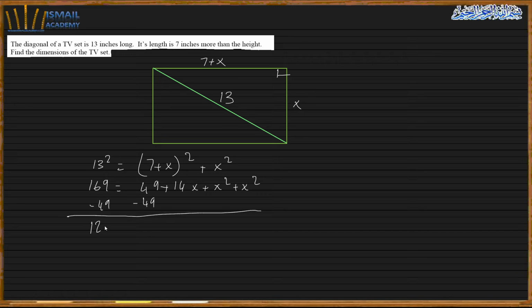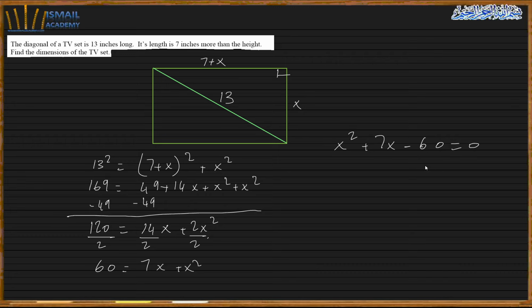I get 120 equals 14x plus 2x squared. Divide the whole thing by 2 to simplify, so I get 60 equals 7x plus x squared. I move 60 to the other side, so I get x squared plus 7x minus 60 equals 0.